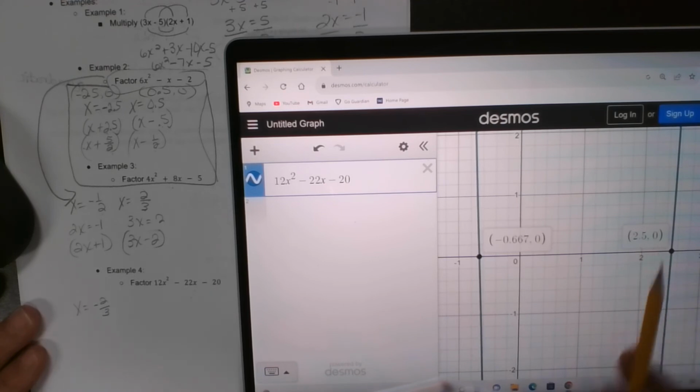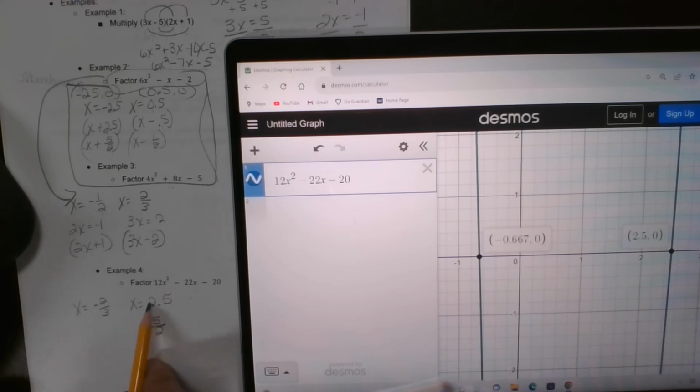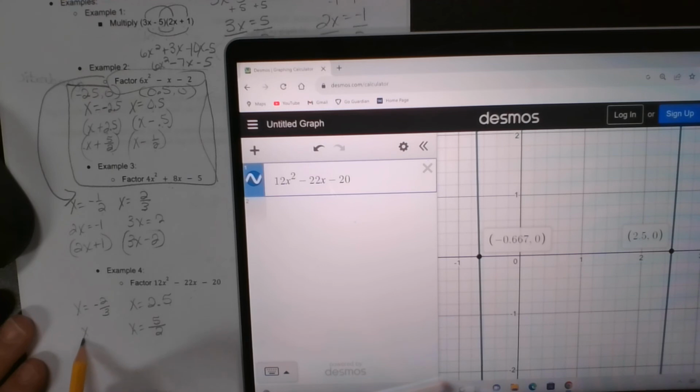And x equals 2.5, I would suggest that you take these decimals. First thing you do is convert them back to fractions. So 2.5 is 5/2, because 2 will go into 5 2 times with half left over. So that's your fraction here. The fraction here is the -2/3.